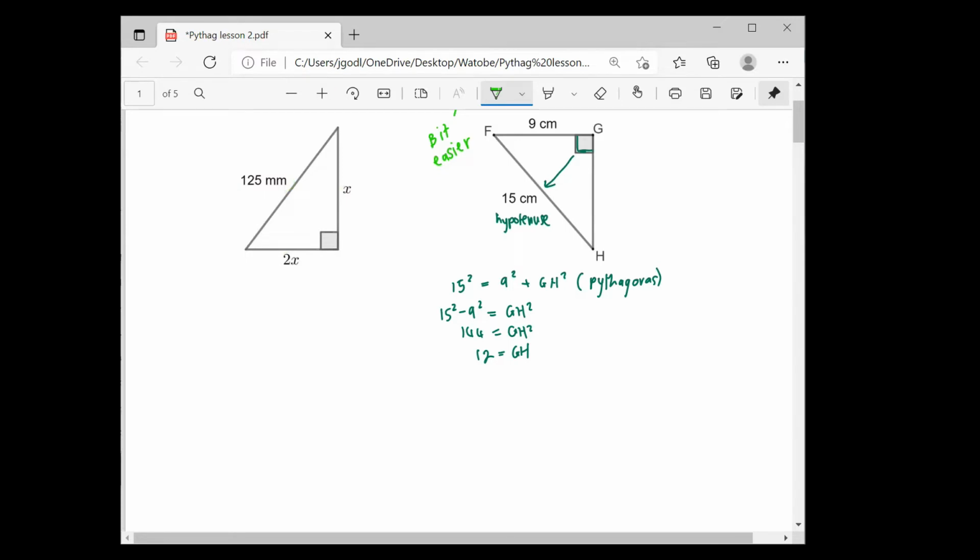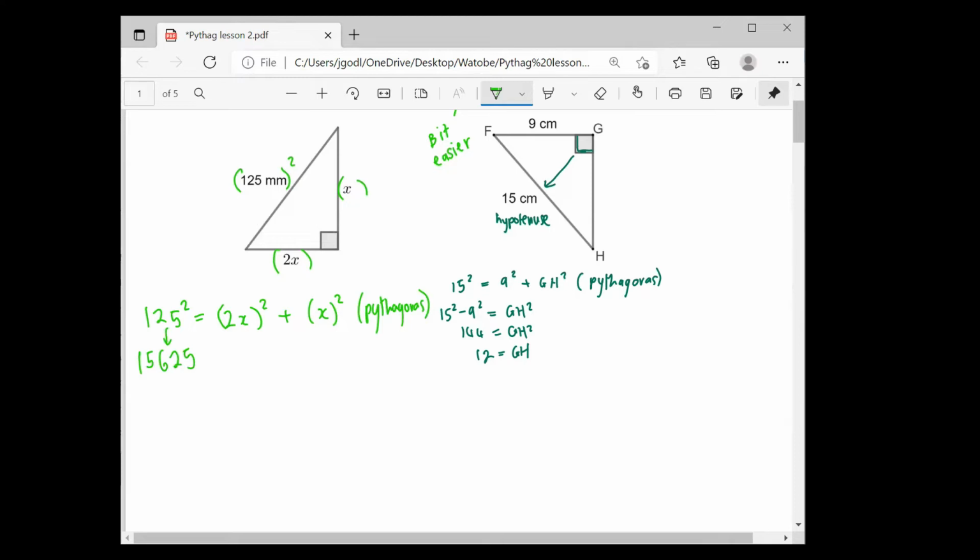Okay, now whenever we set up Pythagoras, we always say this side squared. So our hypotenuse squared is equal to our one side squared plus our other side squared. And our reason for this is Pythagoras. Okay. So if I put into my calculator 125 squared, I'm going to get the answer 15625.